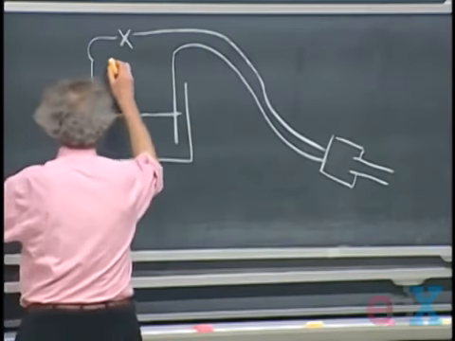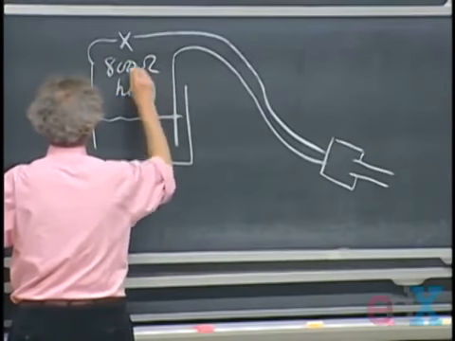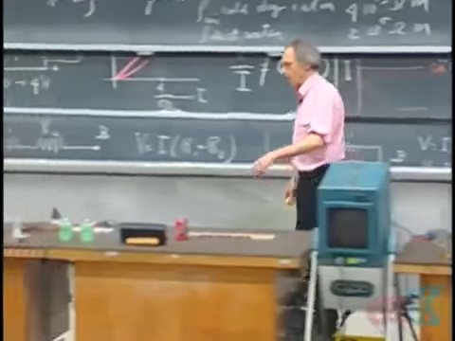This light bulb has 800 ohm resistance when it is hot. You see the light bulb here.